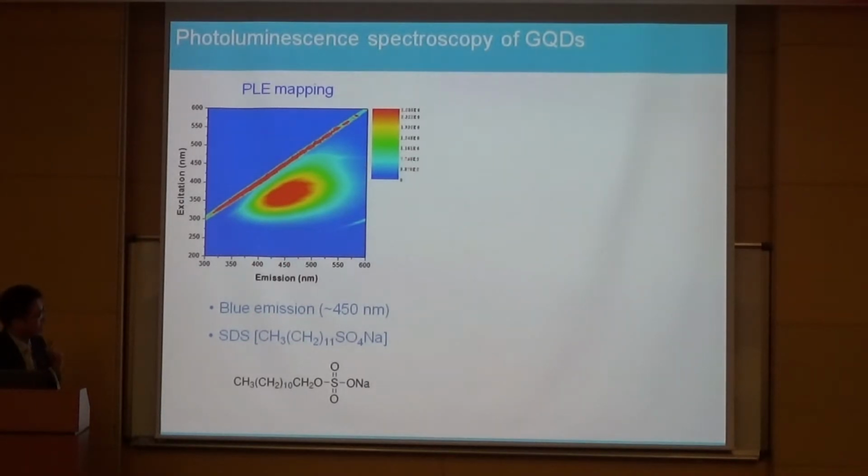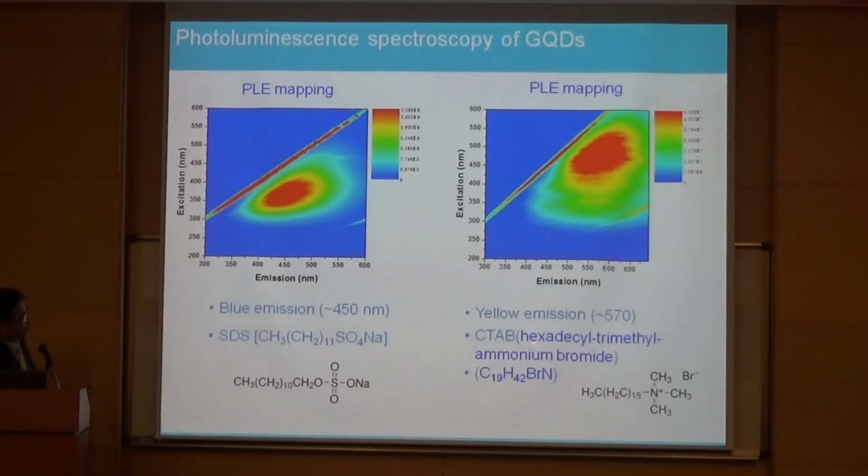So as I mentioned in the previous story, if we can control the structure of the micelle, we use the CTAB, which is another very common surfactant you can find in your lab, but the size is much larger. So if we use the larger CTAB as a micelle in the electrolyte and do the same plasma treatment, same process at the same time, we will see that because of the larger structure of the micelle, we should have a larger graphene quantum dot.